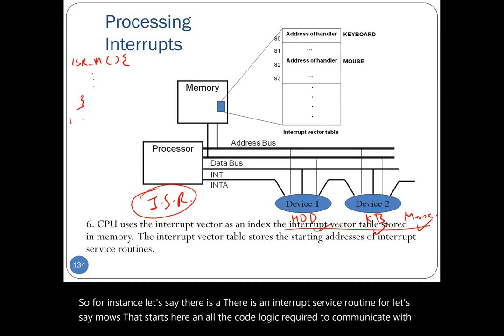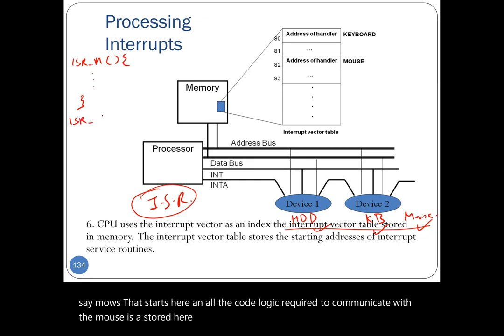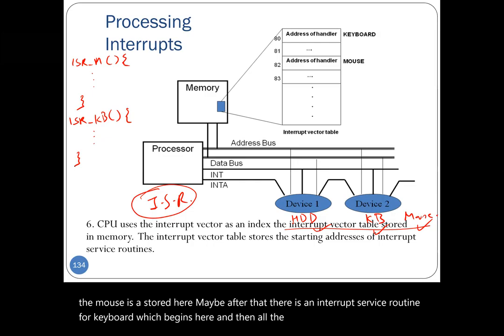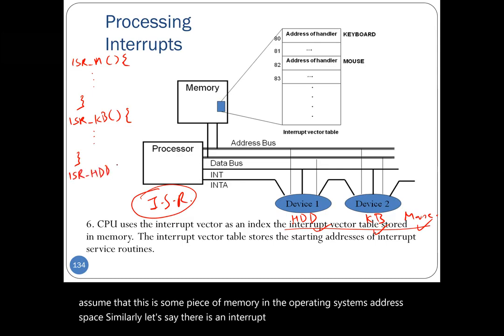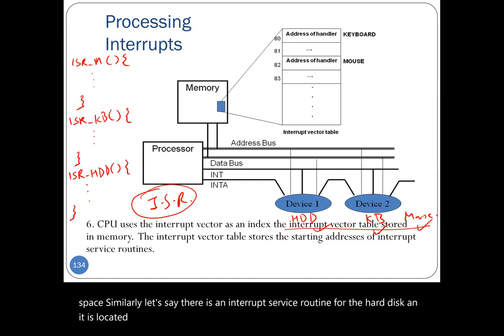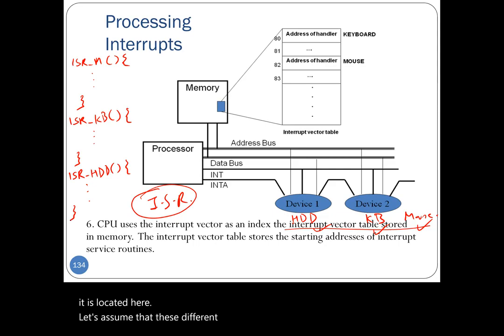Maybe after that there is an interrupt service routine for the keyboard which begins here, and then all the logic is here. Let's assume that this is some piece of memory in the operating system's address space. Similarly, let's say there is an interrupt service routine for the hard disk, and it is located here. Let's assume that these different functions are starting at these various addresses.